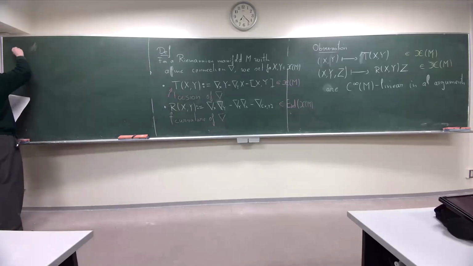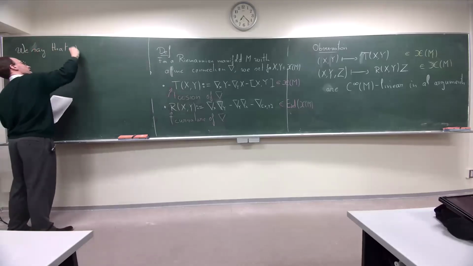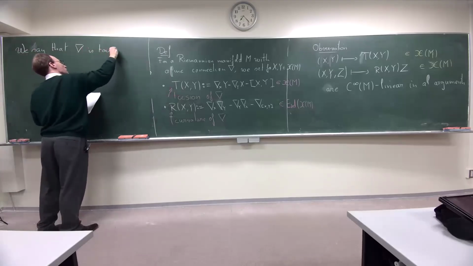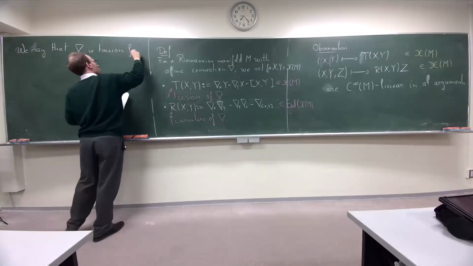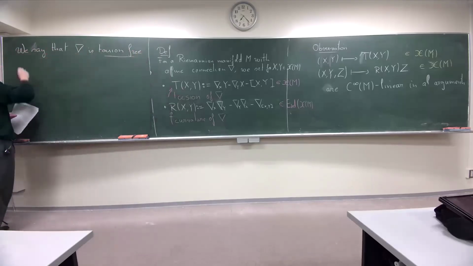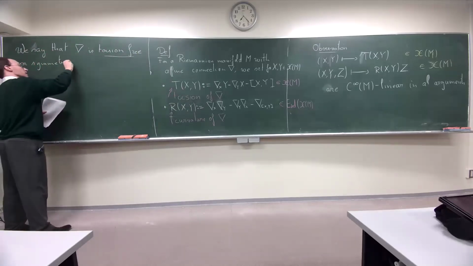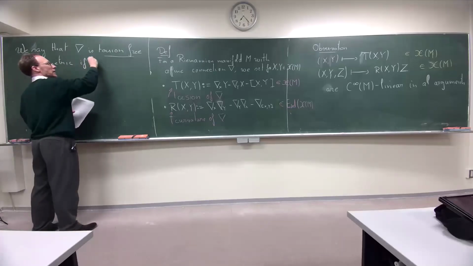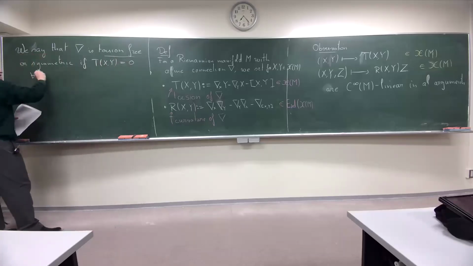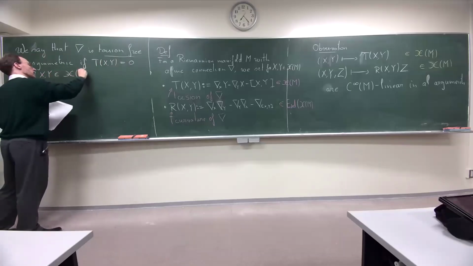Now, we say that this nabla is torsion-free. This is just a kind of definition. We say that it's torsion-free or symmetric if, of course, T of xy is 0 for any x and y. This is quite natural.